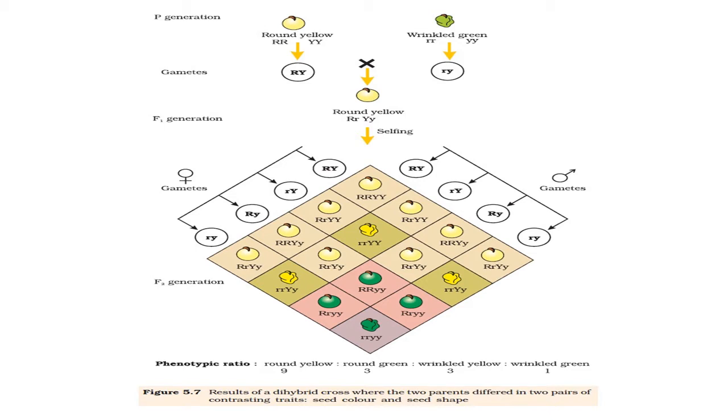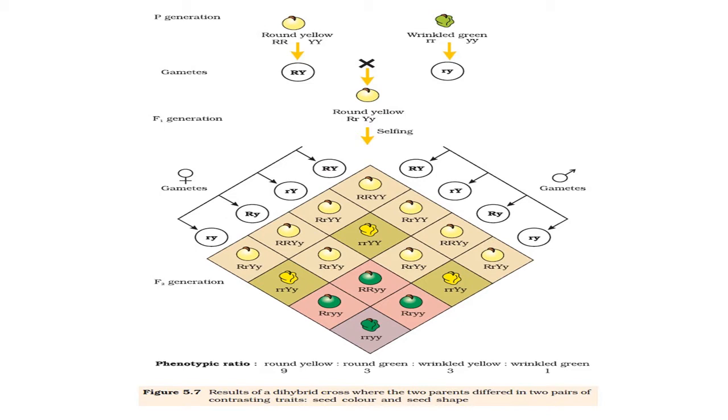Let's understand this experiment through a diagrammatic representation. It is the result of the dihybrid cross suggested by Mendel. Here you can see in the P1 generation, one parent has round and yellow characteristics, and the other parent has wrinkled and green characteristics of pea seed.